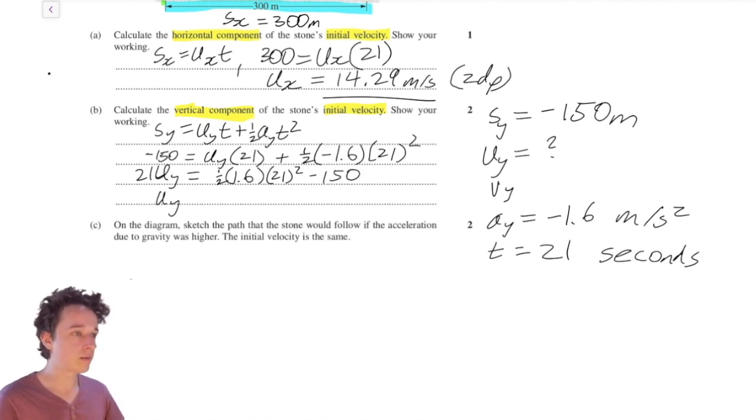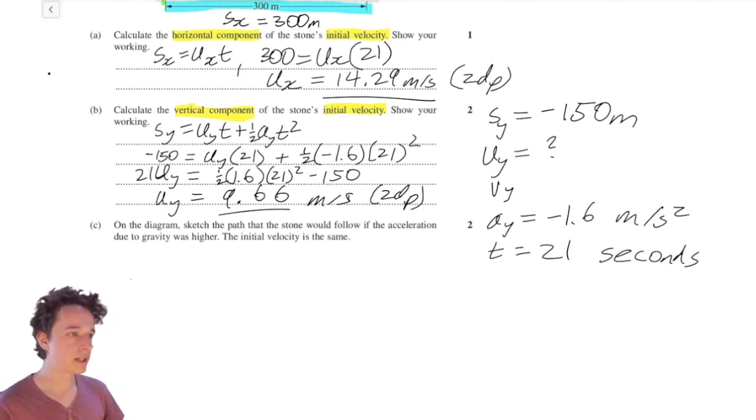Divide both sides by 21 and you'll end up with 0.5 multiplied by 1.6 multiplied by 21 squared minus 150, all of that divided by 21, is going to give you 9.66 meters per second when written to 2 decimal places.